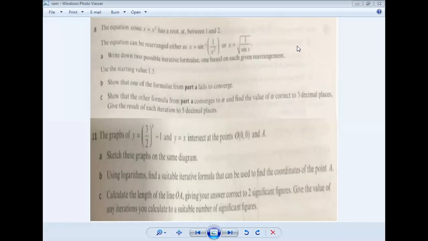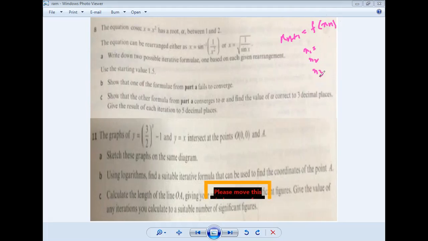Whenever the equation is given, you should convert it into x n plus 1 equals f of x n. After taking an approximate starting value, you substitute and find x1, then x2, x3, x4, x5 like that.